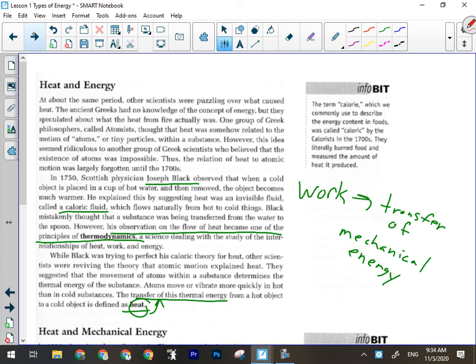Thermal energy always moves from the hotter object to the colder object. Okay? You cannot transfer coldness. Okay? People have this idea that you can transfer coldness. That's why you put ice cubes in a drink. You put ice cubes in the drink to make the drink colder. Okay? What people don't understand is the drink gets colder because the ice cubes are absorbing the heat energy from the drink. Okay?